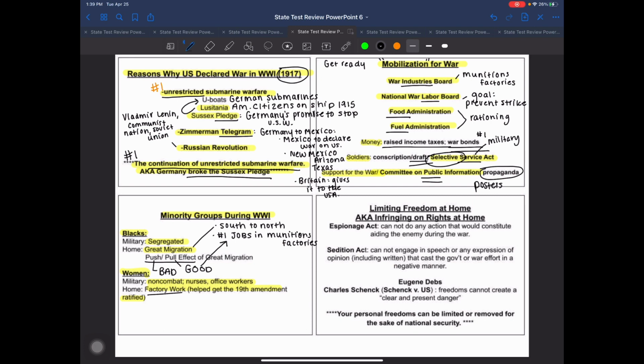They are going to be producing war equipment. And we need them in these factories because, yet again, a lot of our men are now going to be in the service, whether they drafted or volunteered, and we're going to be sending them to Europe to fight this war. All right?